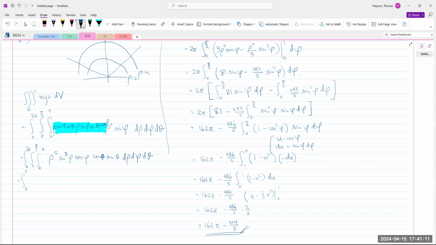So it's the integral from 0 to 2 pi of cosine theta sine theta d theta, the integral from 0 to pi over 3 of sine cubed phi cosine phi d phi, and the integral from 2 to 4 of rho to the 5th d rho. Right?